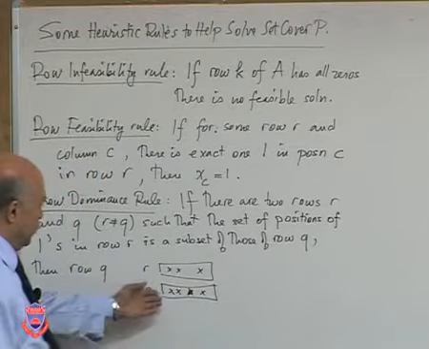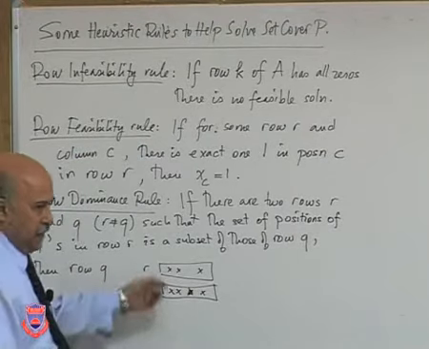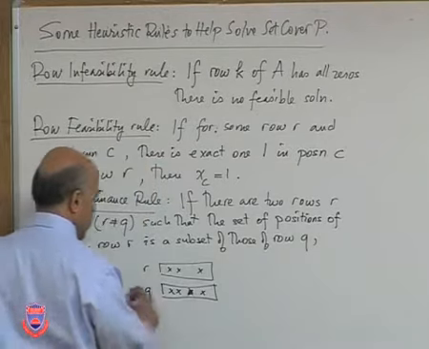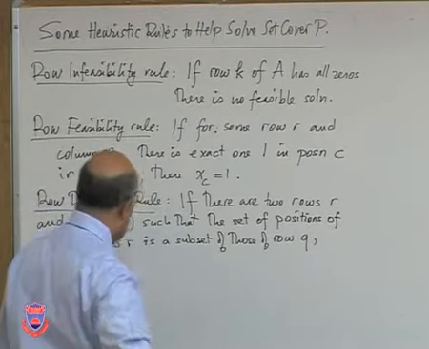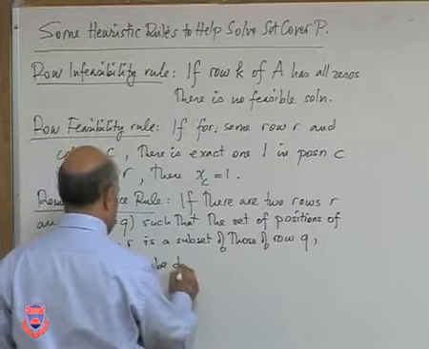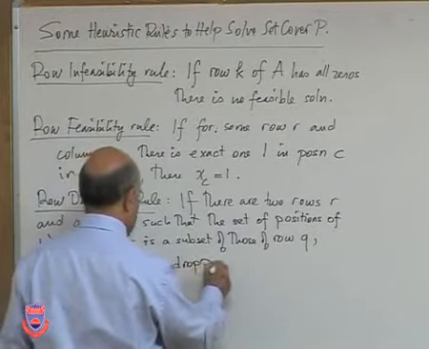Why do I drop row Q in this case? Because by satisfying R, we will also be satisfying Q. Yes. Okay. So row Q can be dropped.